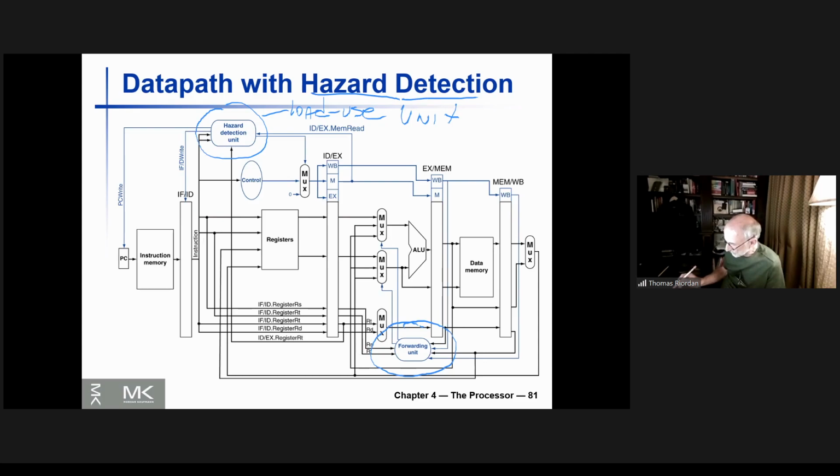And basically what goes on inside it is exactly the same. So here's RS and RT. So again, we're just taking RS and RT. We feed them both in. They're coming right out of the instruction here.